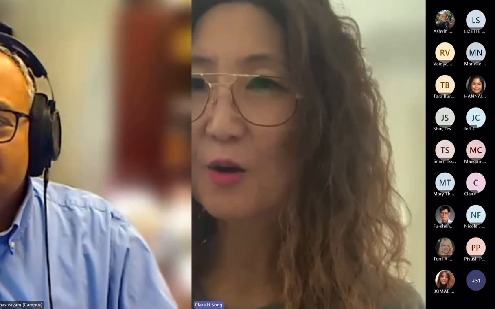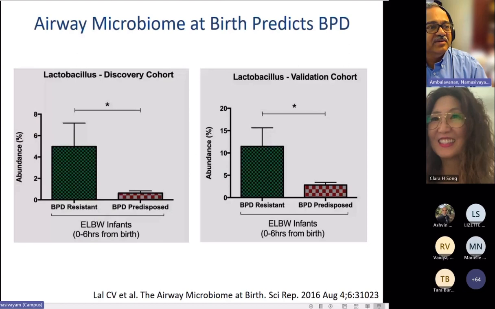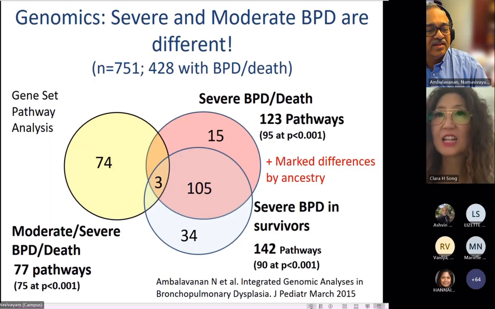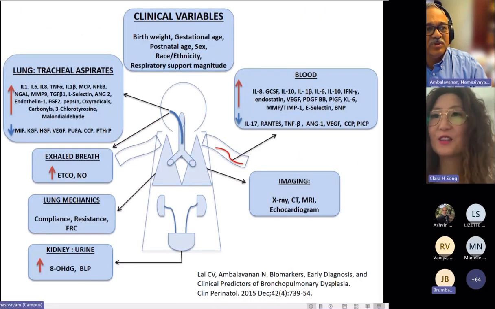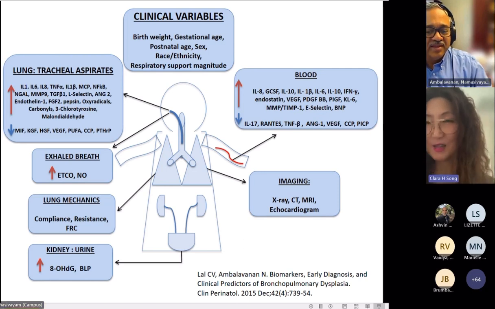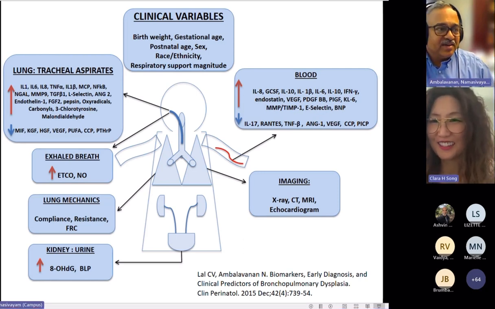Oh, it seems like you're muted, Ambal. Oh, sorry. Where did I drop off? Let's see. I think you were at, would you pull up the slide that you think you're at? Yeah, I didn't realize I had dropped off. Let me see. Can you see it now? Yes, I think we're back at least one or two. There's a figure of a baby, outline of a baby. Yeah, that one. Okay, perfect. Let me go back.